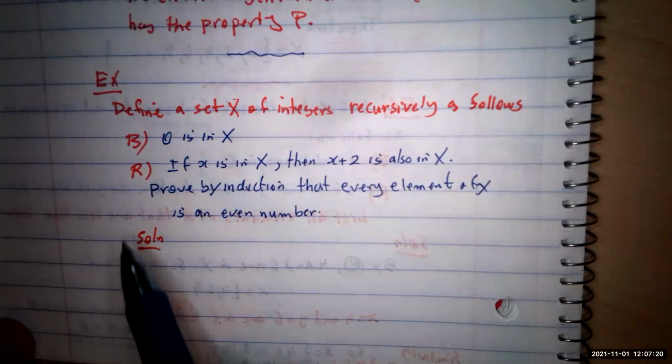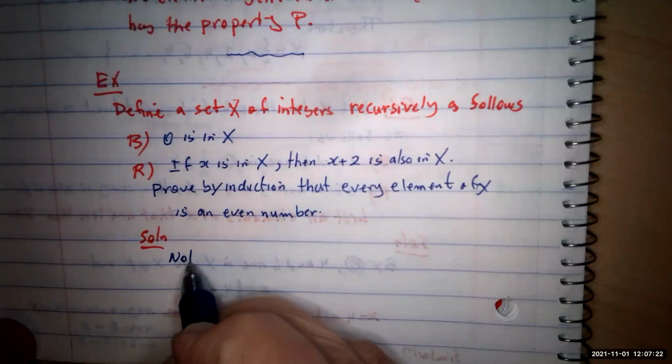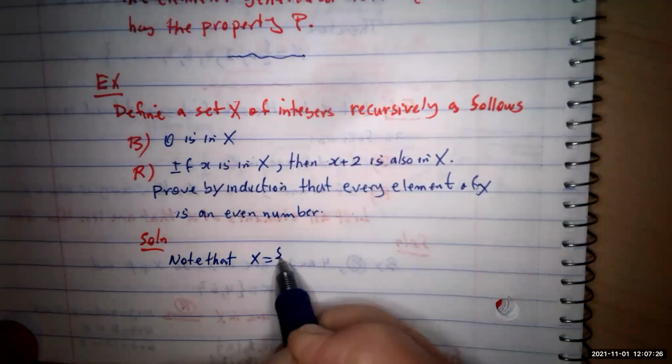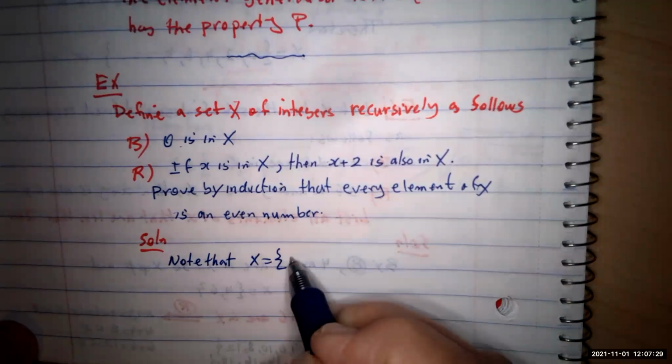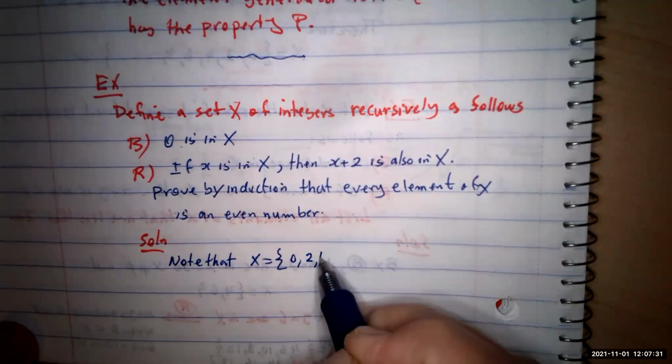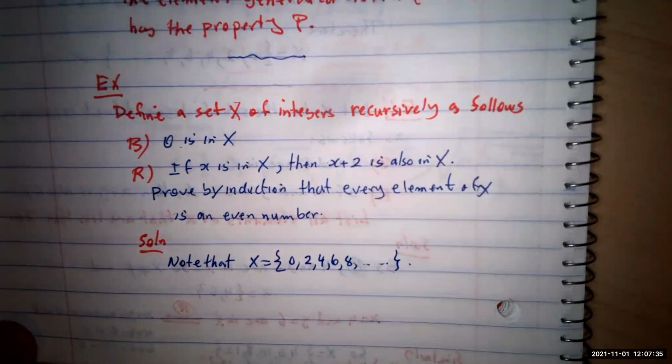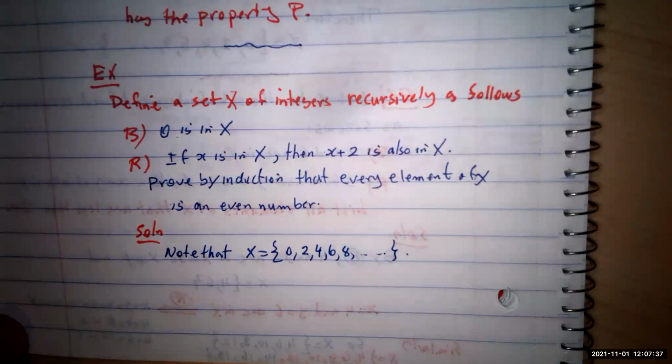Note that we did it before. The first element is 0, then you add the 2. So this is the way you're going to organize it.